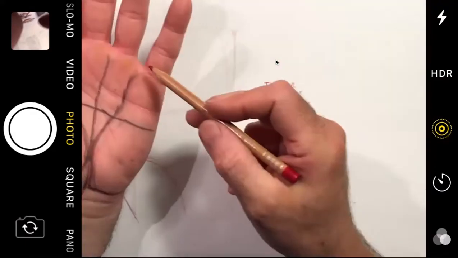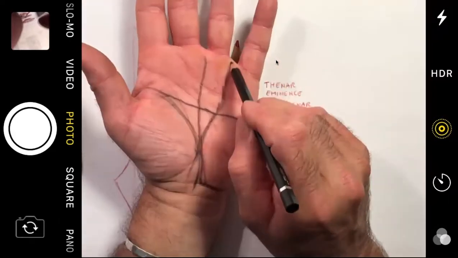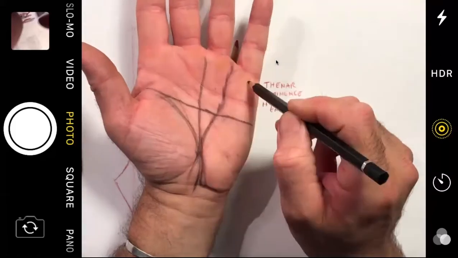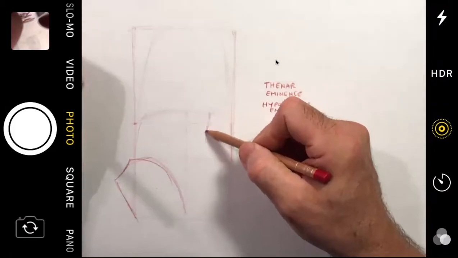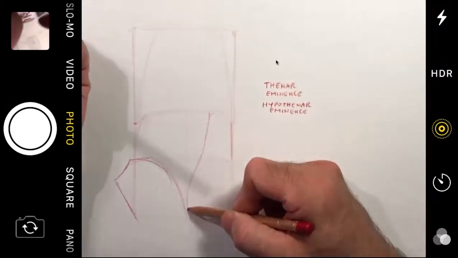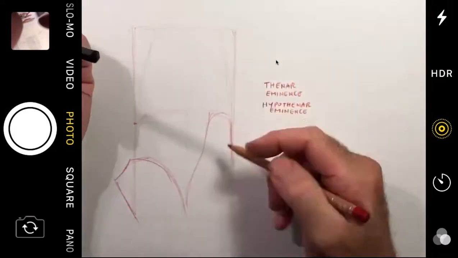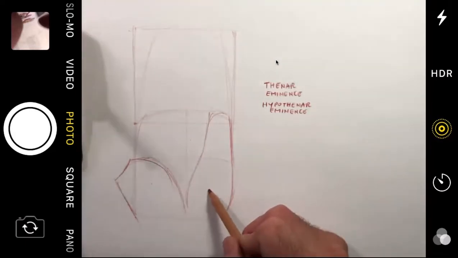Blocking the pinky, this is the width. Okay, thank God for small favors. So now here I do this, and then I create an elongated pear-shaped volume, which kind of comes out a little bit on this side here. And now I have thenar and hypothenar eminences.